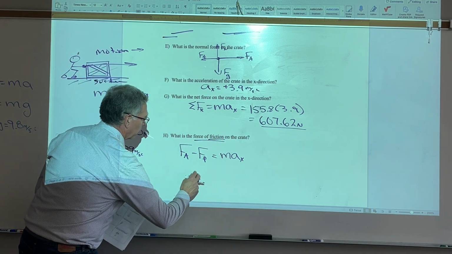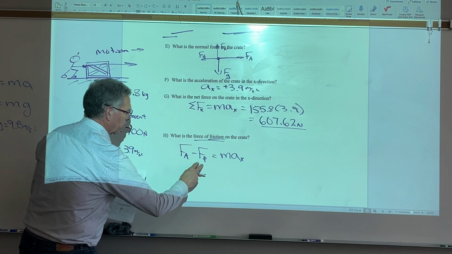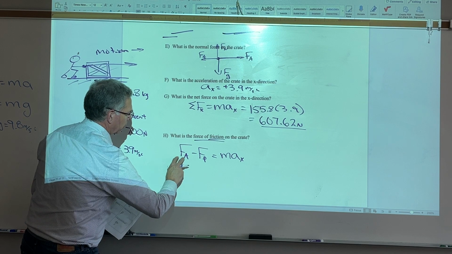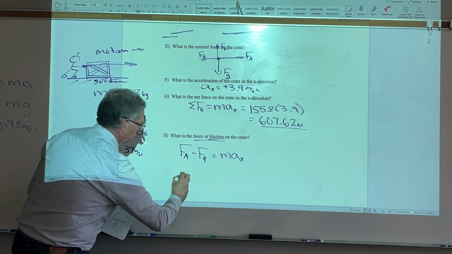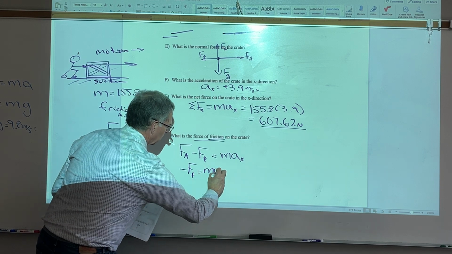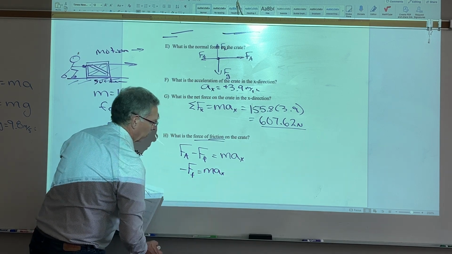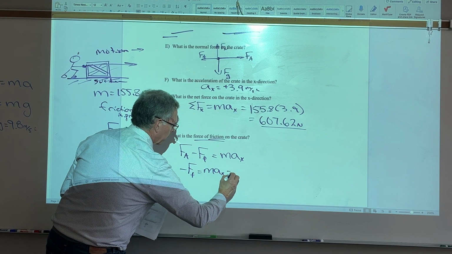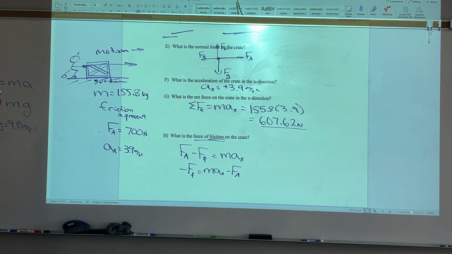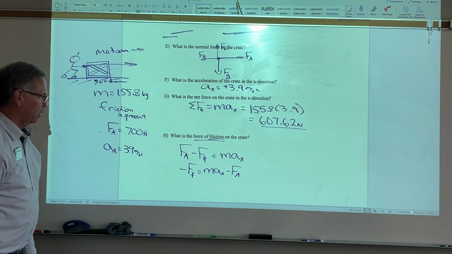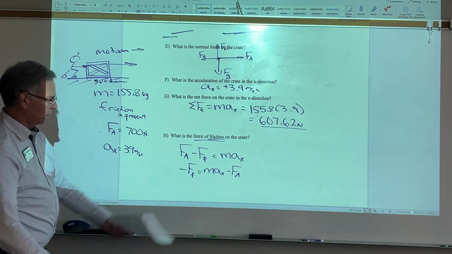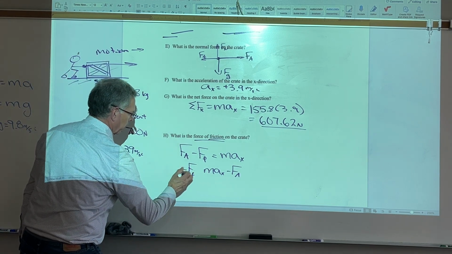So if I subtract the applied force from both sides, negative force of friction equals mass times acceleration minus applied force. I'm going to distribute this negative sign throughout.